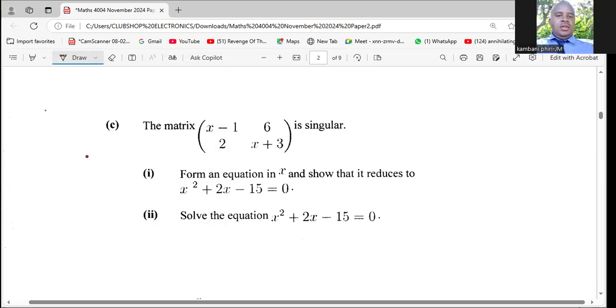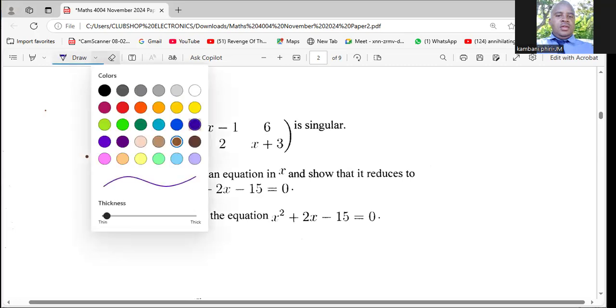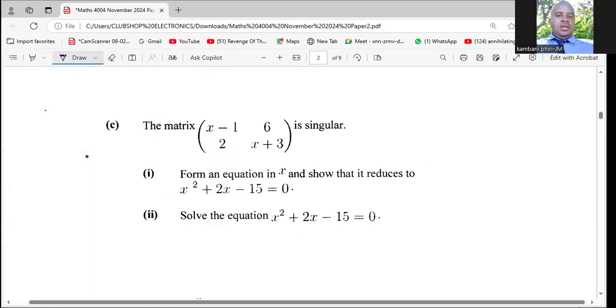So the matrix, this one is singular, meaning that the determinant is 0. Form an equation in x and show that it reduces to this. So we are going to write an expression for the determinant.